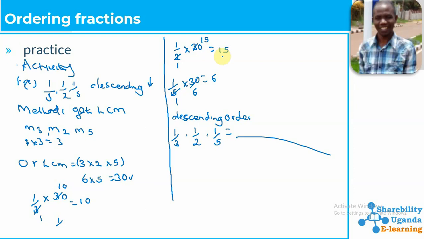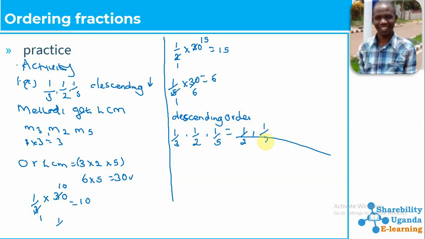We have a 15 and a 10, then 6. It's going to be 1 out of 2.